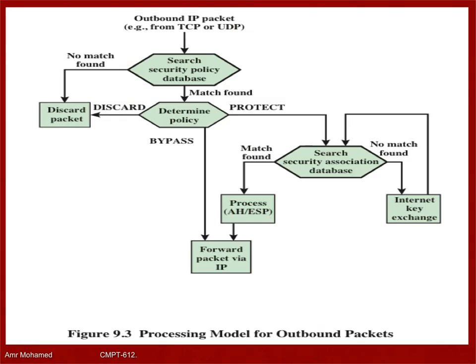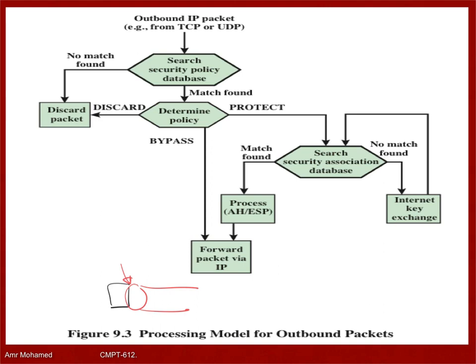So for outbound or outgoing traffic, by this we mean that at the entry point, we have the entity, whether this is a host or a router, but this is in fact the beginning of the tunnel. And this entity is receiving a packet which will go out to the tunnel.